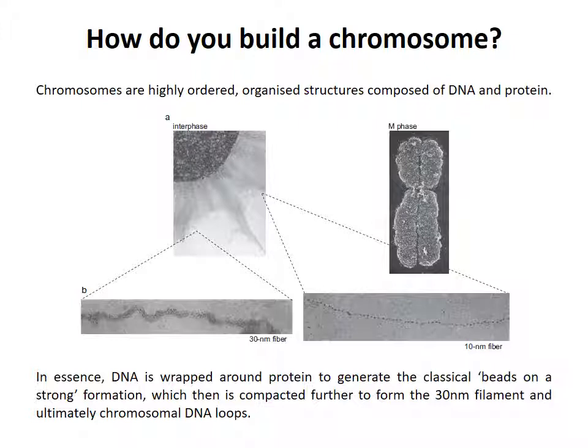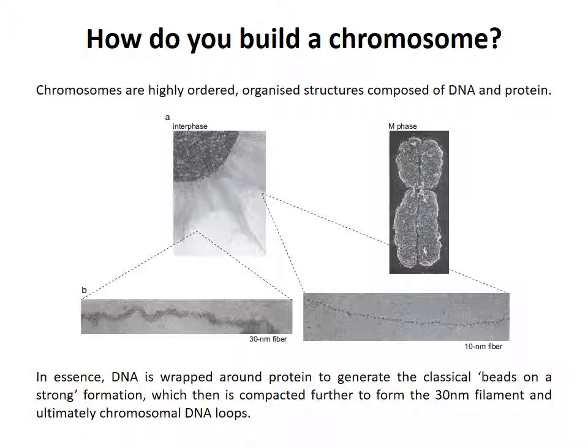Okay, so we've looked a little bit there at some of the different elements that exist within eukaryotic genomes, and also we've taken a quick look at some of the major structural elements of a chromosome. But how do you actually go from eukaryotic DNA to a eukaryotic chromosome? What are the processes and steps required to build that structure? So that's what we're going to focus on for the remainder of the lecture.